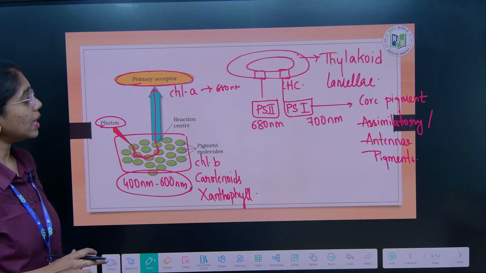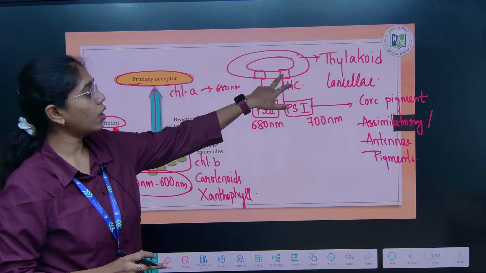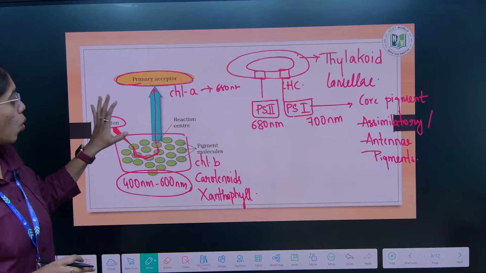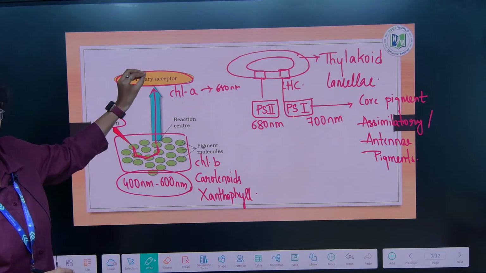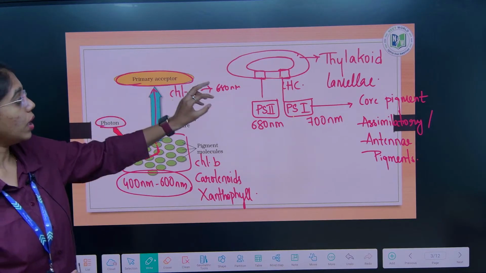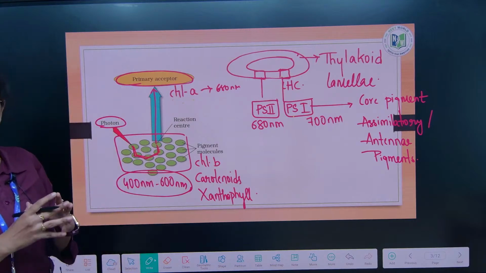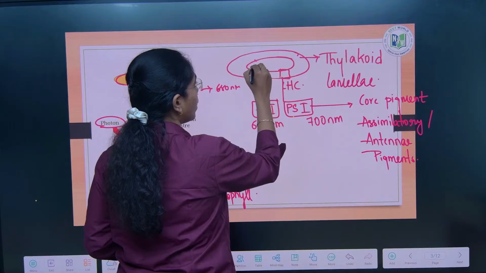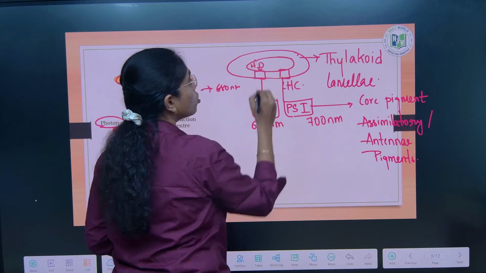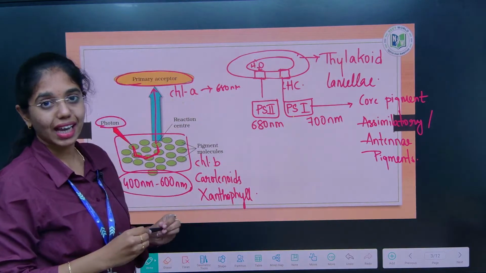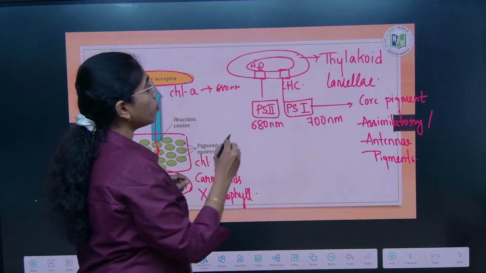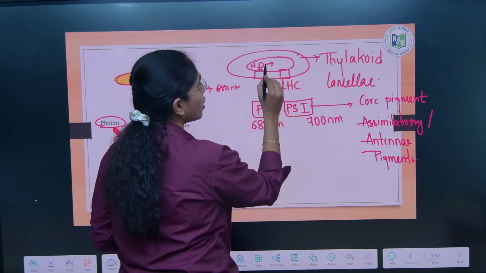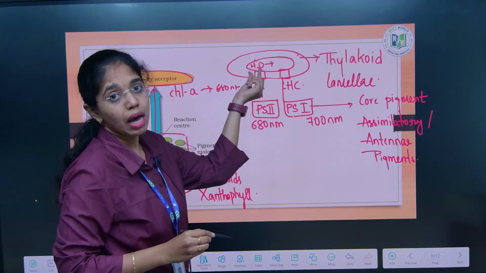Okay. So, these are present where? In the thylakoid membrane. Fine, right? Once the energy is excited to the reaction center, that is chlorophyll A, the energy is transmitted to the lumen, where it is utilized to split the water molecule. Inside the lumen, photolysis of water happens. Lysis means breakdown.